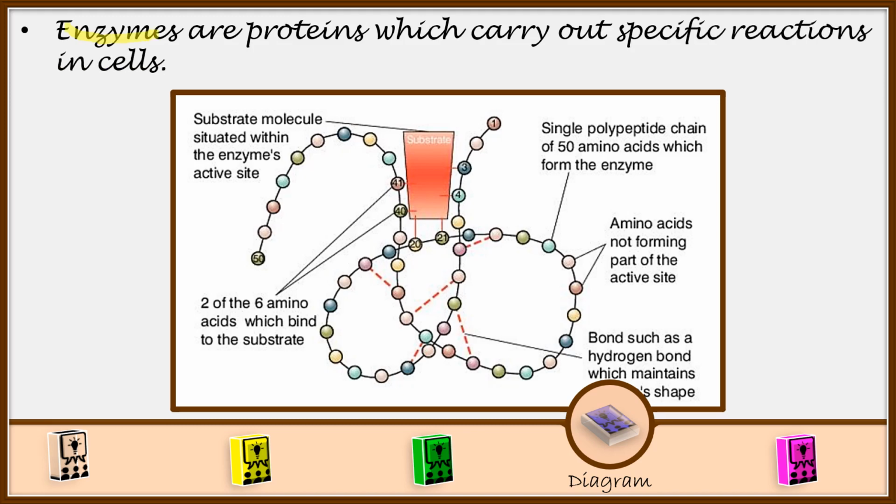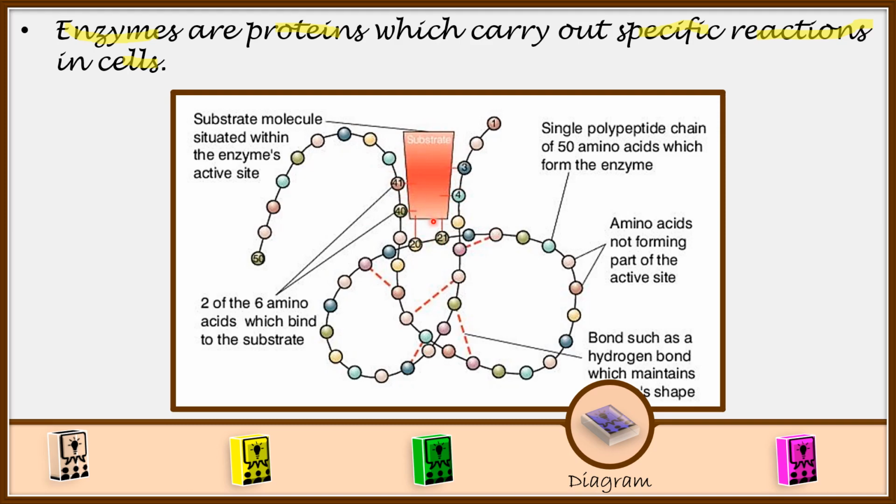Enzymes are proteins which carry out specific reactions in a cell. So we have different enzymes in the cells, carrying out specific reactions, and they are protein in nature. Here we have an enzyme, and this enzyme is acting on a particular substrate.